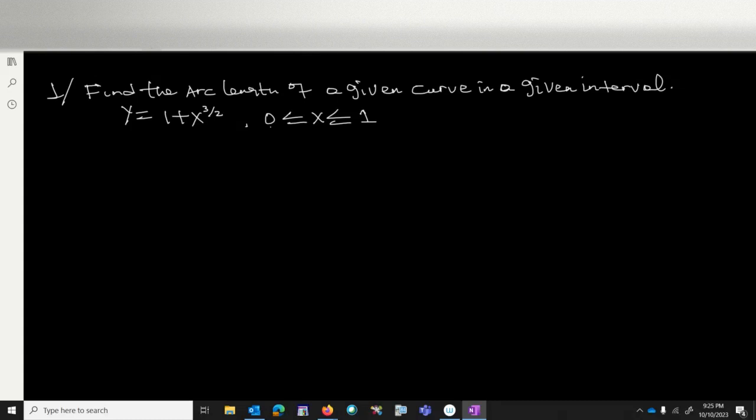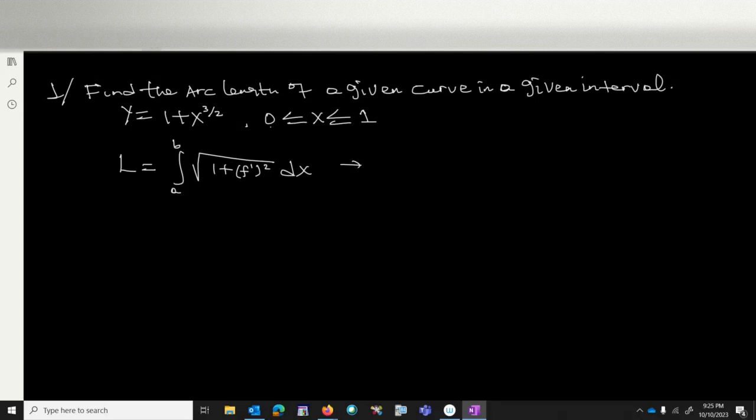The arc length formula is given by L equals the integral from a to b of the square root of 1 plus f prime squared, times dx. This is a very important formula.